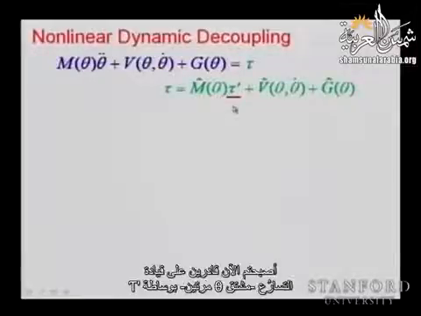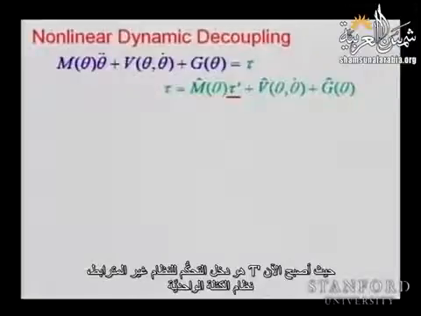So basically, you are now able to drive the acceleration theta double dot with torque prime. And your torque prime is now the control input of the decoupled system, the unit mass system.